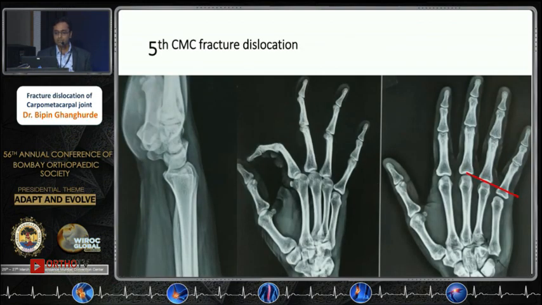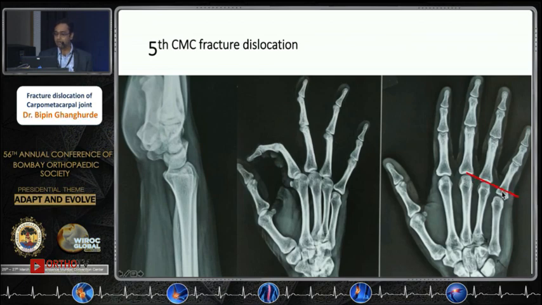This is an example of a 5th CMC joint fracture dislocation. In the lateral view there is not much you can appreciate, but you have to compare it with the pronated view. In the pronated view you see that the line is broken and there is no clear space. In the PA view there is significant loss; the tangential line is broken.